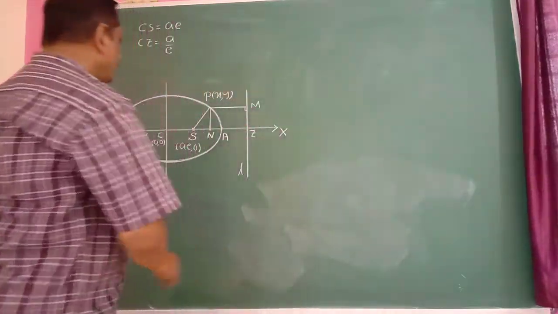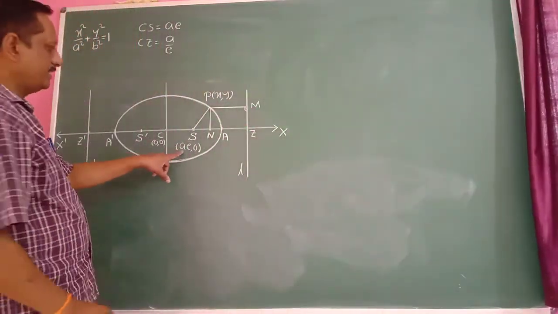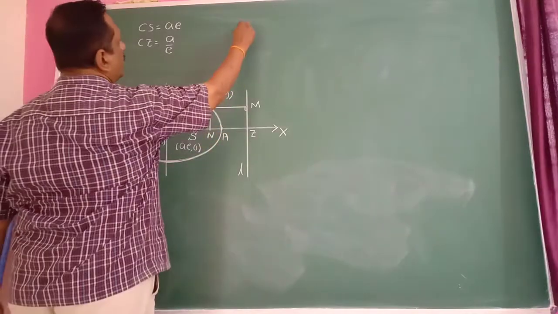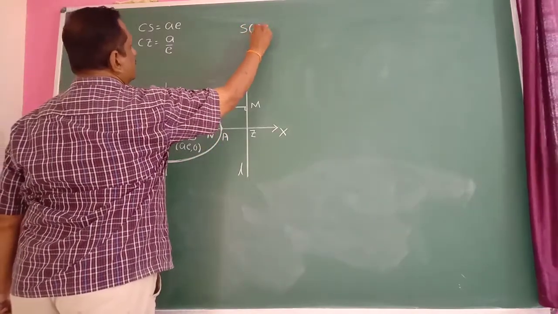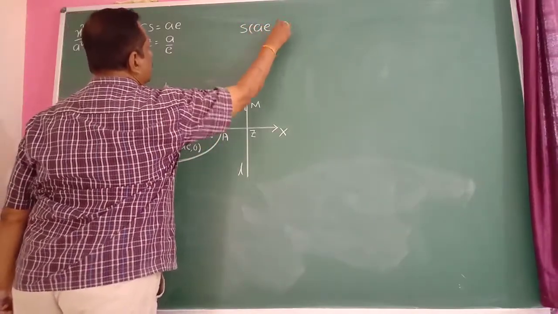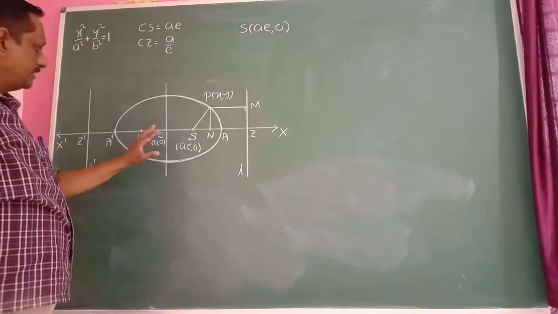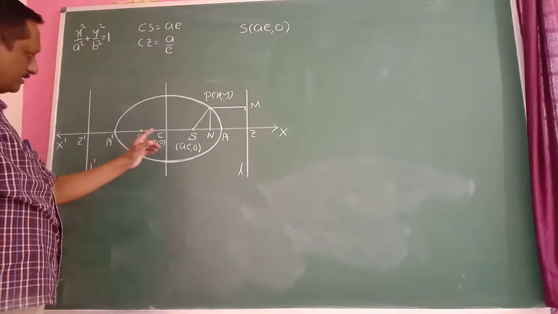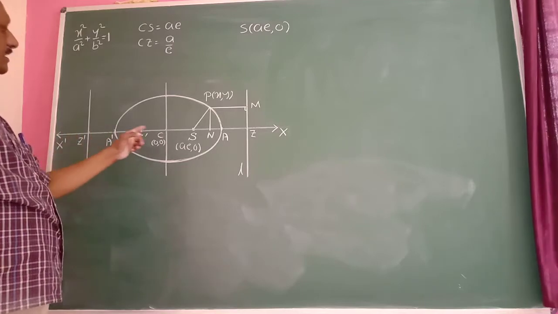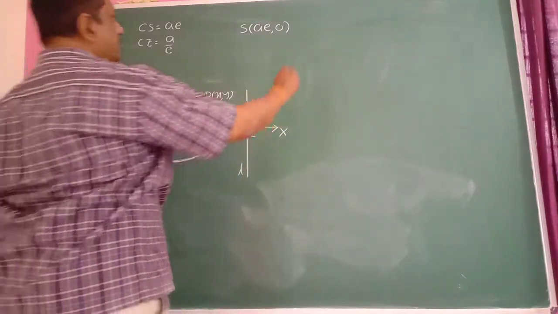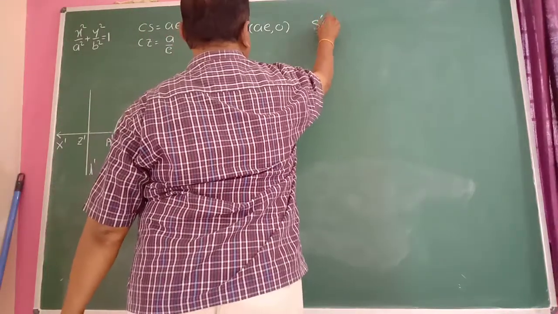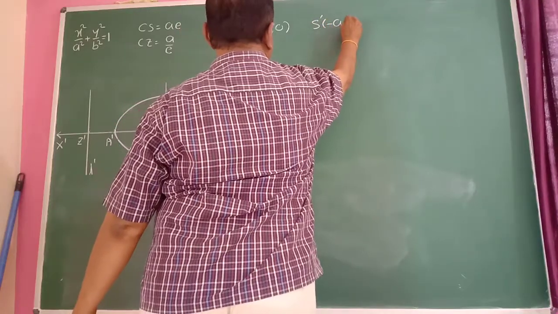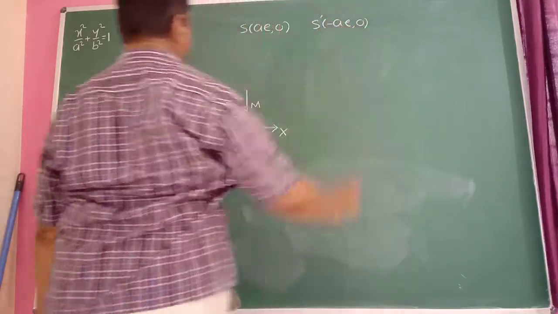Next, here the coordinate of S is a comma 0. S dash lies on the left side here. Here the x coordinate is negative, so the coordinate of S dash is minus a comma 0.